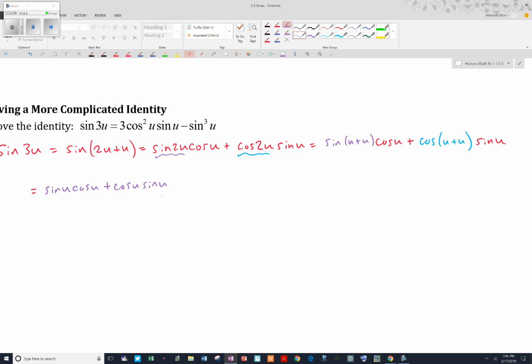And then that is being multiplied by the cosine of u. And that's being added to, now we're going to expand that cosine of u plus u. That would be the cosine of u, minus sine of u, and that's being multiplied by the sine of u.